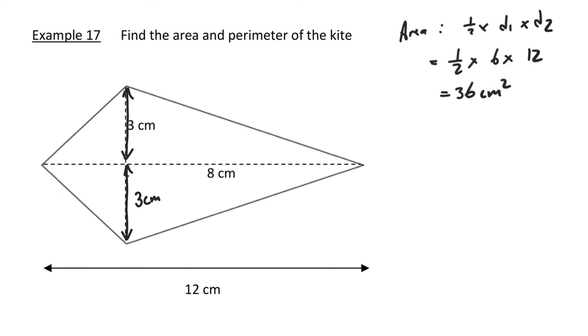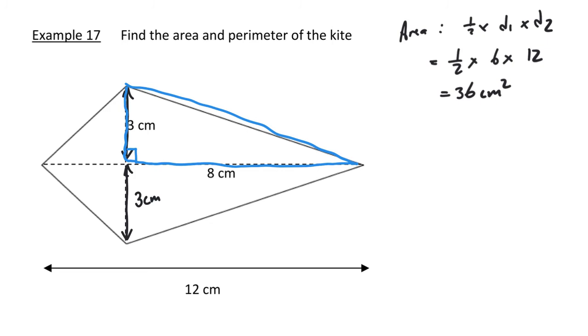For the perimeter of the kite, what we'll need to do is work out the 2 diagonal lines. Now, if we consider first of all this right angle triangle, then what we have is the base of it is 8 and the height is 3.